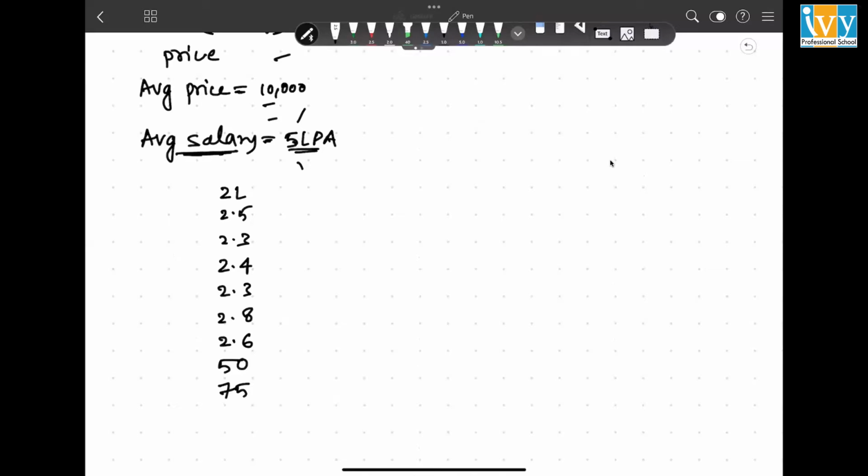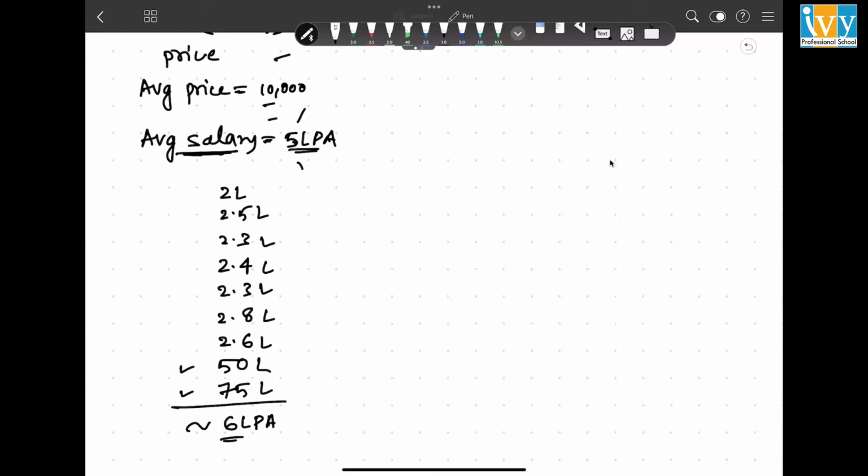So there were two very bright students who got placed, let's say at Microsoft or Google, and they got huge salaries. If you compute the average of this, how will you compute? You will sum everything and divide by the total number of values, right? So the average will still come high, let's say 6 lakhs per annum. You will say, oh wow, the average salary is 6 lakhs per annum, so it's a good deal.